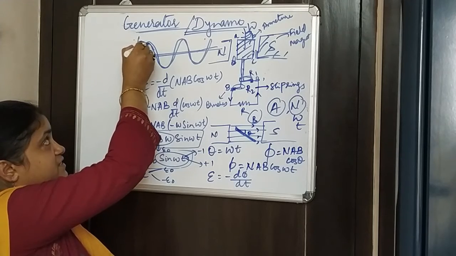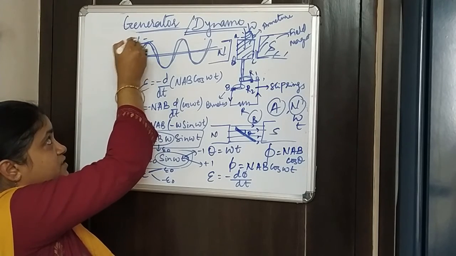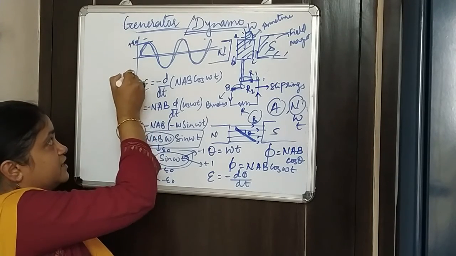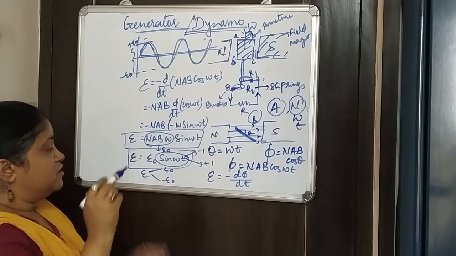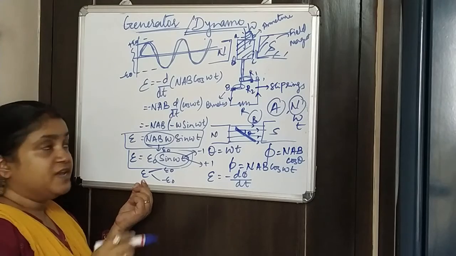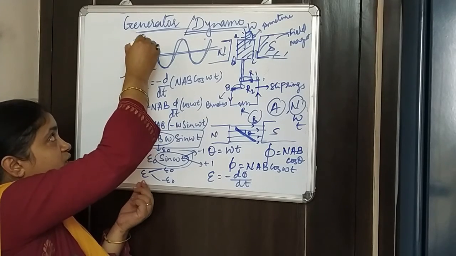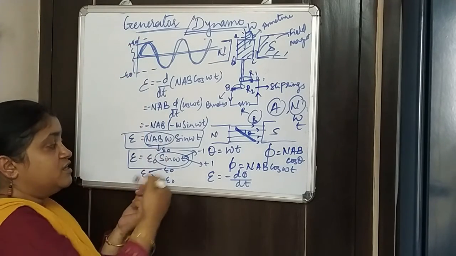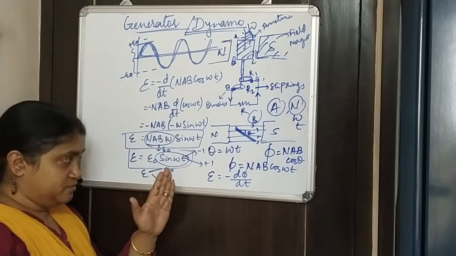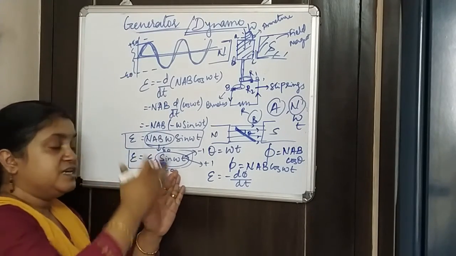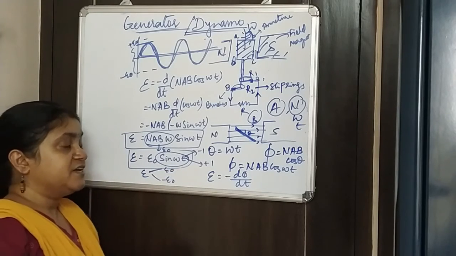So if this is plus E naught and this is minus E naught, then the EMF value can range from plus E naught to minus E naught. Therefore, in between, the value will keep on changing in the sinusoidal form.